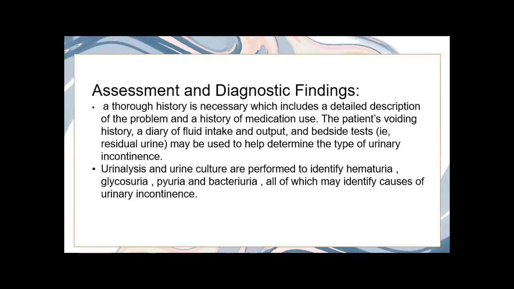A bedside test may be used to determine the type of urinary incontinence. Urinalysis and urine culture are performed to identify hematuria, glycosuria, pyuria, and bacteriuria, all of which may identify the causes of urinary incontinence.